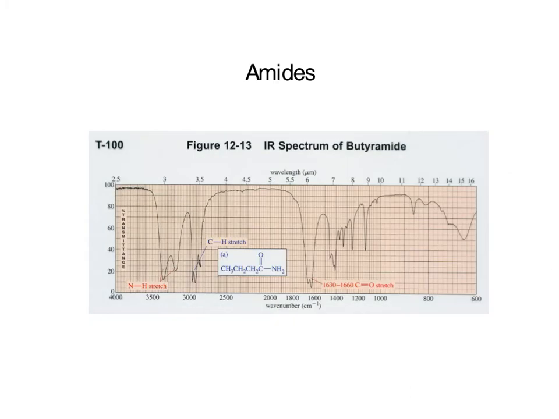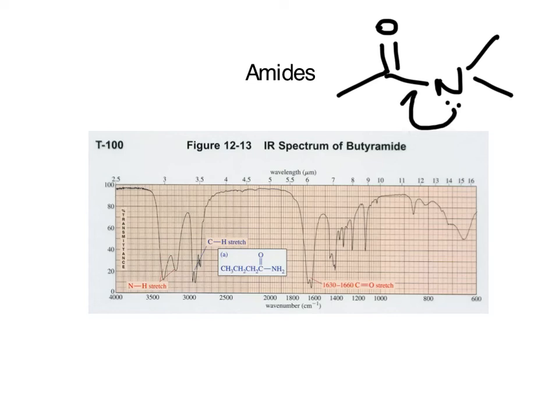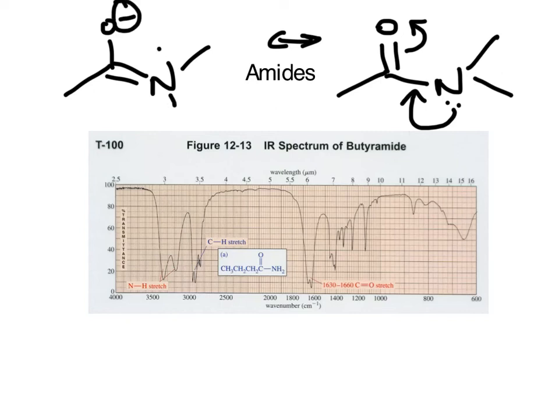Amides are very unique, and they are a bit lower than all the other carbonyls. The reason is that the nitrogen is very readily donated into the carbon of the carbonyl, and what you get is this resonance structure. Basically, you're looking at this as a CO single bond instead of the CO double bond.